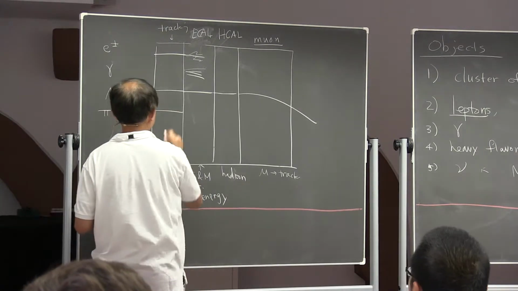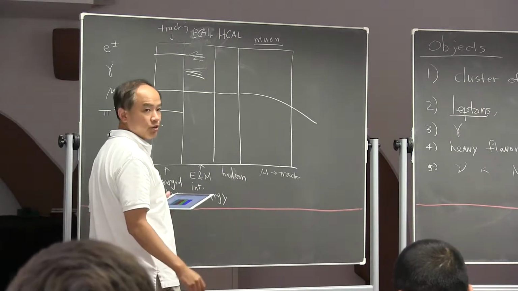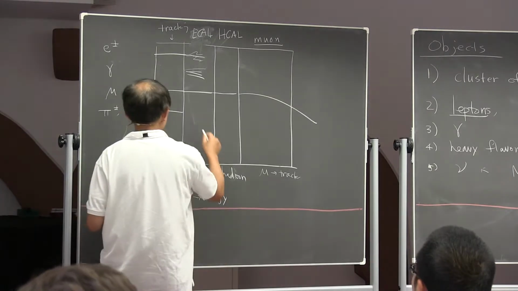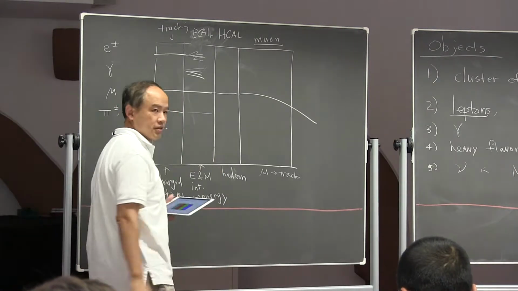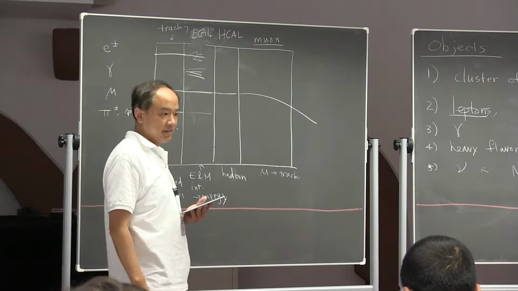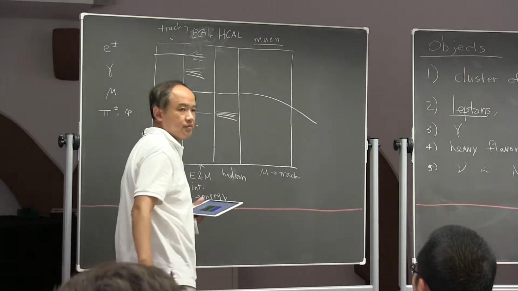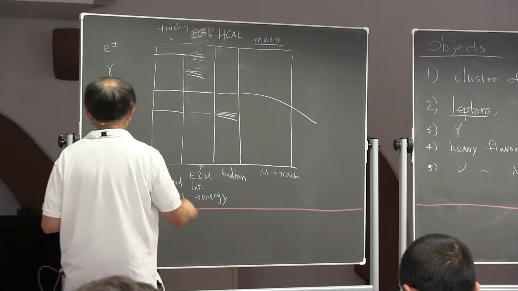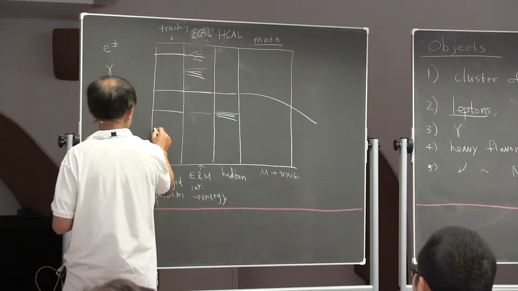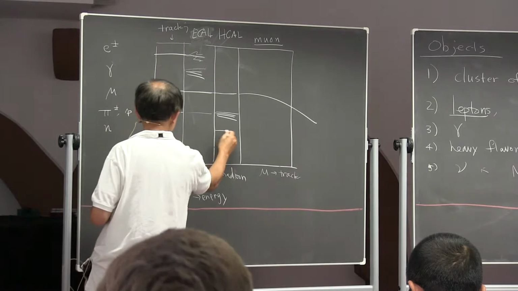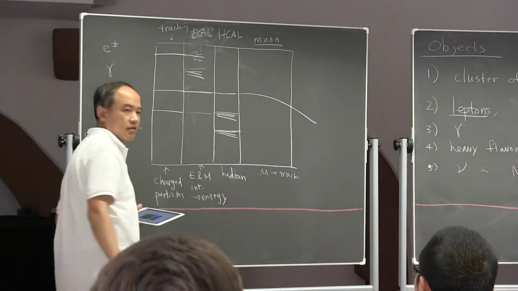Now if you have hadrons such as pions or protons, charged pions and protons, they leave a track here. That's a charged hadron, and it doesn't do much here because the material is not dense enough to stop it, and it leaves its energy here. If you have a neutron, for example, it doesn't do anything here. It just deposits energy here.